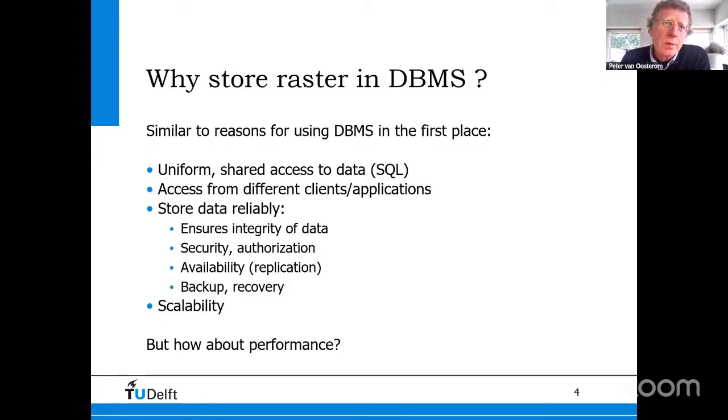But there are also good reasons why you should decide to store your raster data in the database. It belongs there with all the other data, with the vector data, with the alphanumeric data. And when you have all the data together in one environment, you can do also combination queries.